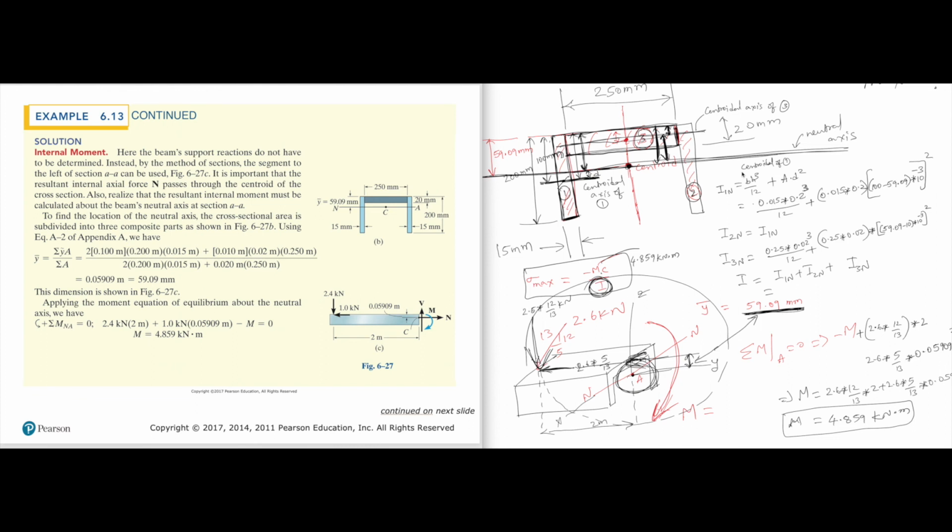Times 0.02 times, I'm also doing it. So 100 minus 59.09, so 0.1 minus 0.05909 squared.